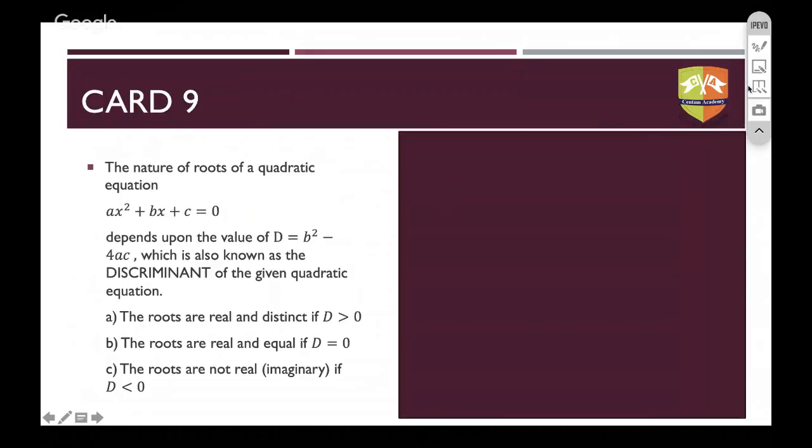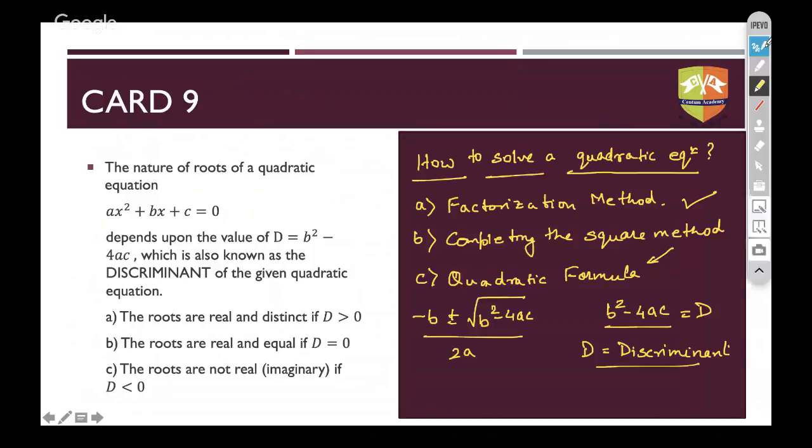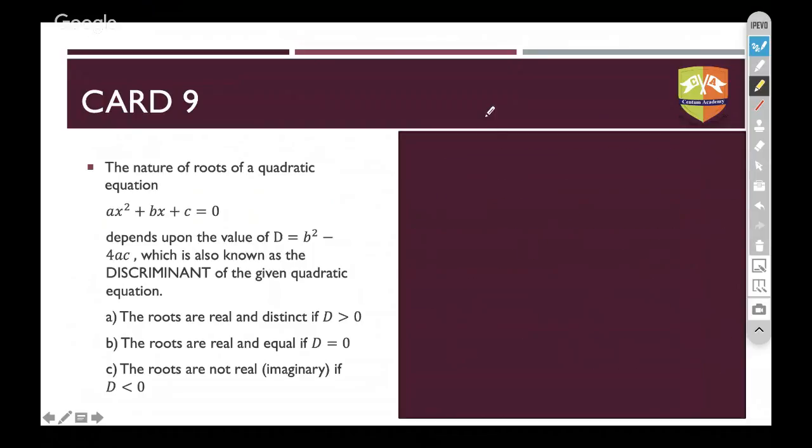If you see in our quadratic formula, let me just delete this. We are now dealing with the quadratic formula. As I told you previously, we will come back to the discriminant, and here is what I meant. Let's say alpha was equal to minus b plus under root D upon 2a, and beta was equal to minus b minus under root D upon 2a, right?